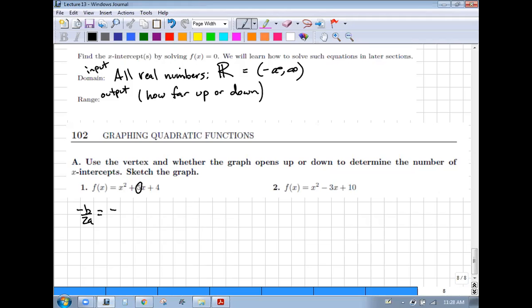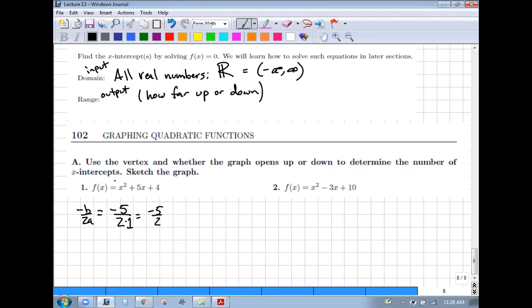It's the number you're multiplying the x by. So the b is 5. We have a minus in front of it. A here is 1. This is 1x squared. We just don't write the 1 there because it would be stupid. So this is -5/2.